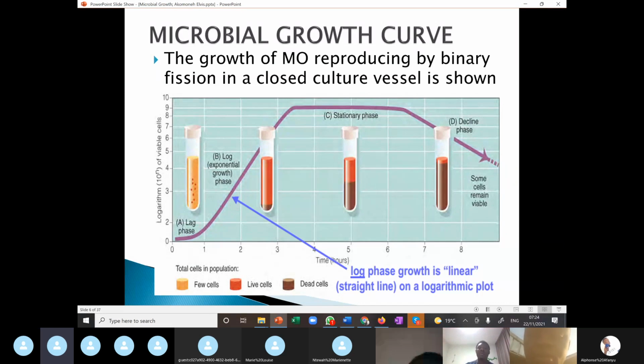Now, at one point, things don't stay rosy forever. We had a fixed nutrient concentration that we supplied to the organism. The nutrient was fixed, and as this number is rapidly increasing, it means that they are utilizing the medium. The nutrients we supplied are being used up.